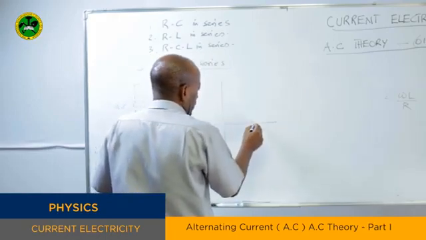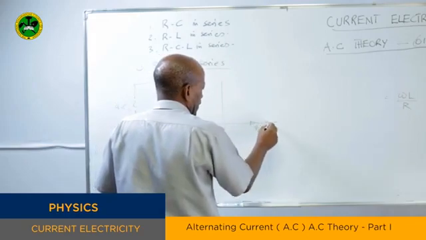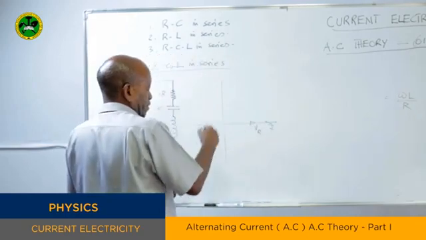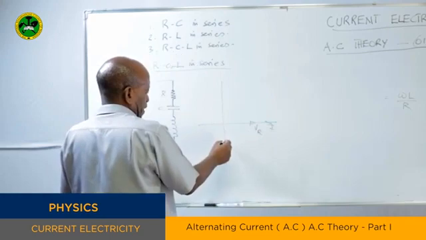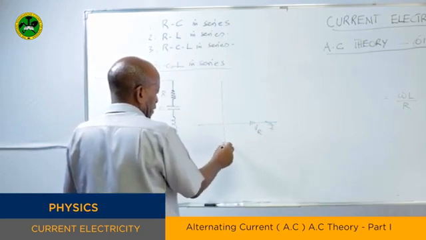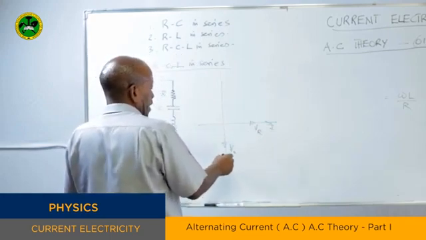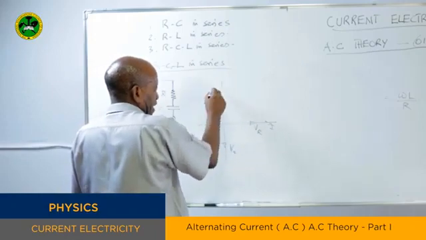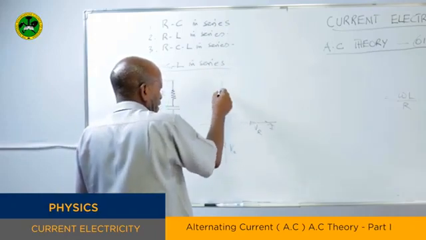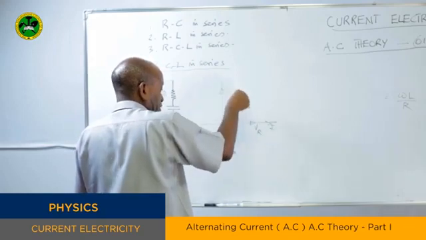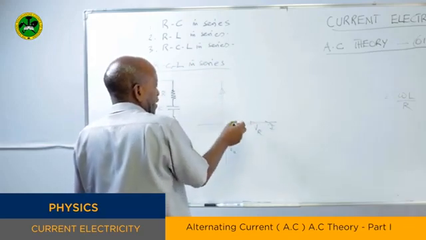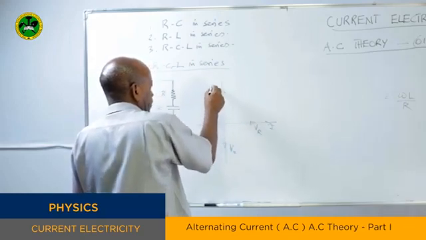We have the voltage through the resistor and the current just in phase, but the voltage through a capacitor is taken in this particular direction, and the voltage through a capacitor lags the voltage through a resistor. The voltage through an inductor leads the voltage through a resistor by 90 degrees. So this will be the voltage through an inductor.